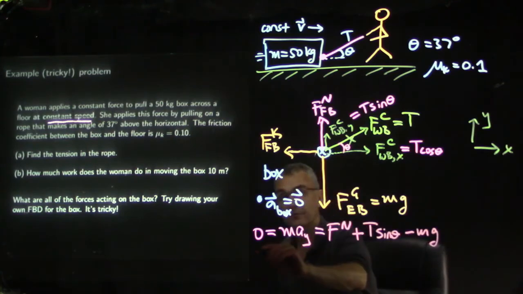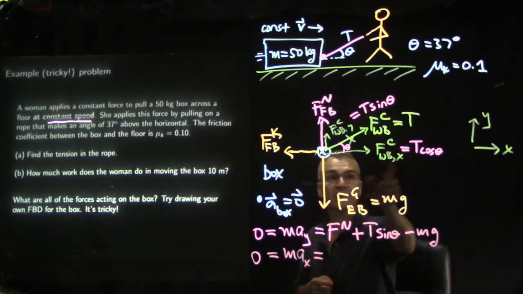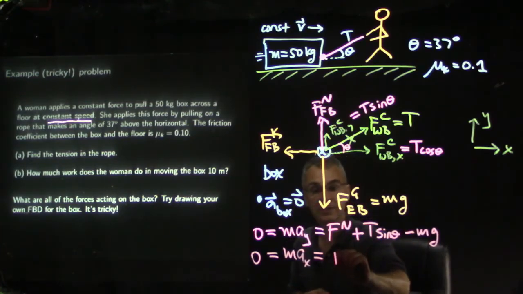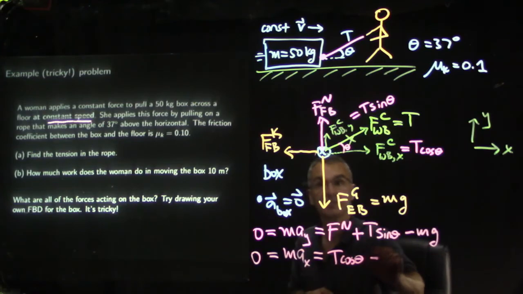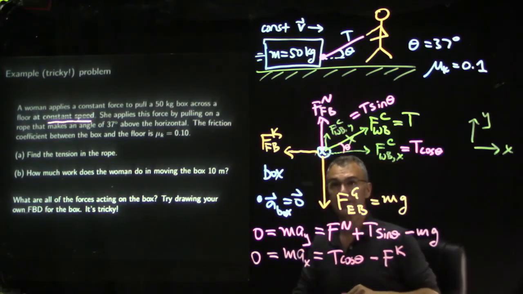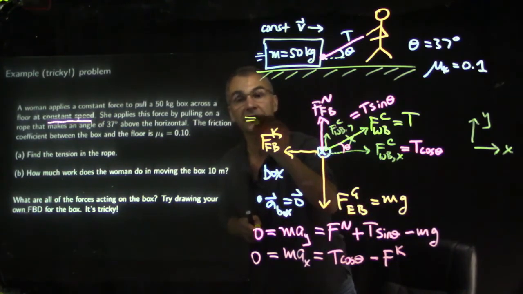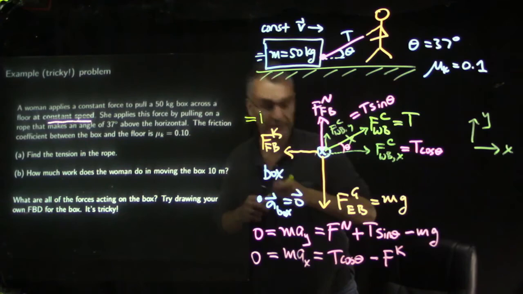And then we have the forces in the x direction. It's not accelerating, so 0 is ma in the x direction. So we have right minus left. So this is T cosine theta minus F kinetic. Oh, and by the way, what is F kinetic? F kinetic should equal mu kinetic times F normal.